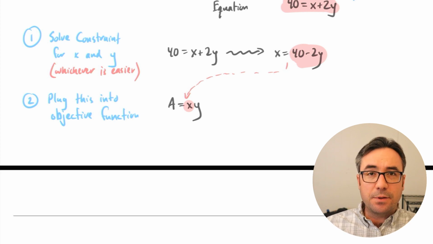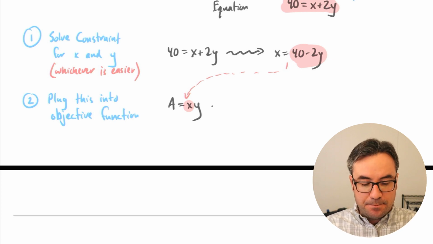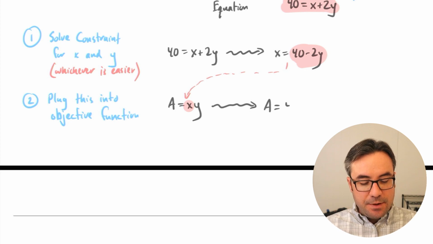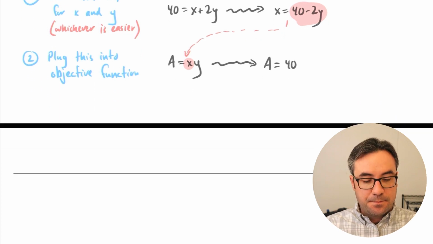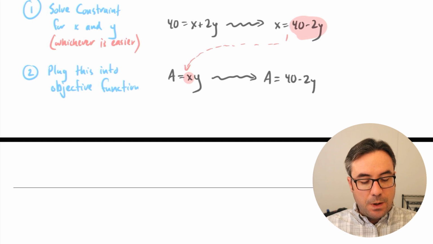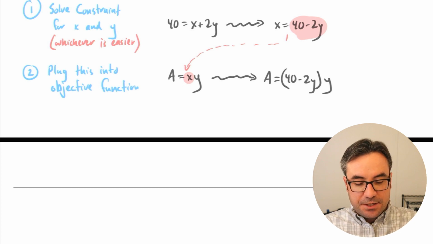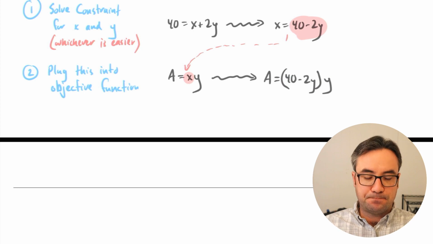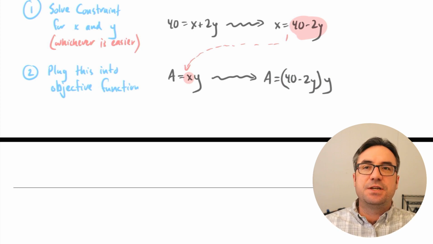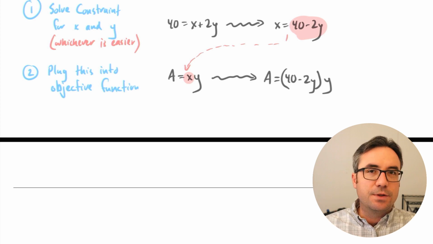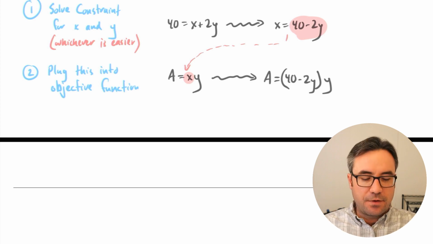And when we make that replacement, let's see what we get. We're going to have the area is going to be 40 minus 2y, don't forget parentheses, times y. So I've replaced this x with 40 minus 2y. Now, we know eventually we're going to do some derivatives and set derivatives equal to 0 and try to solve for our variable here.